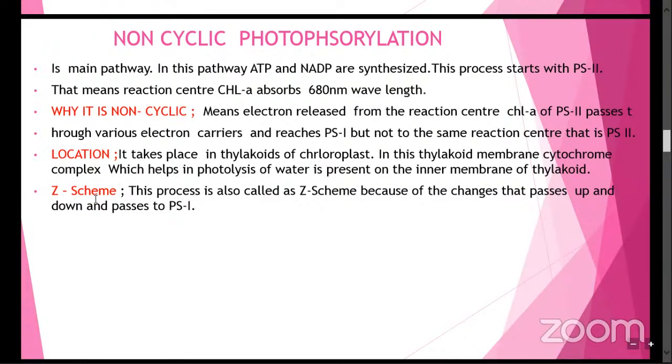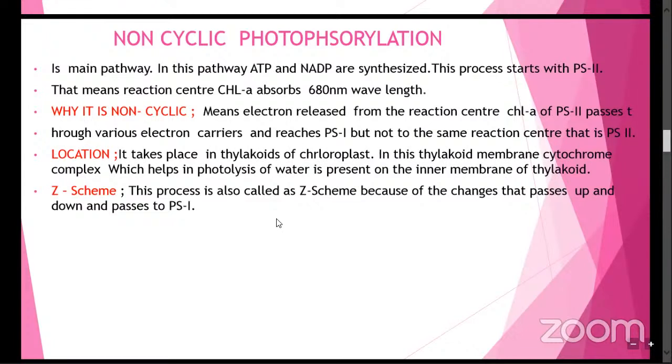Right. The next, one more important thing, that is Z scheme. What is Z scheme? All the reactions taking place in non-cyclic photophosphorylation go in the shape of Z. That means initially they start from the bottom and go to the top level, and from there they go down and again come to the topmost level.